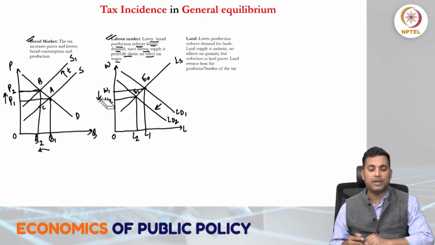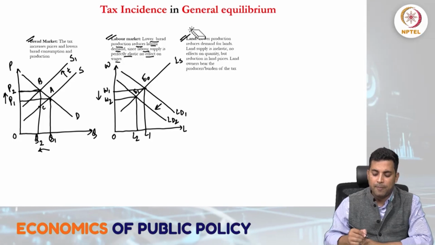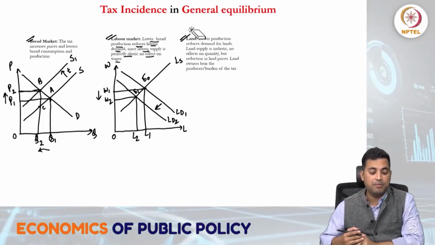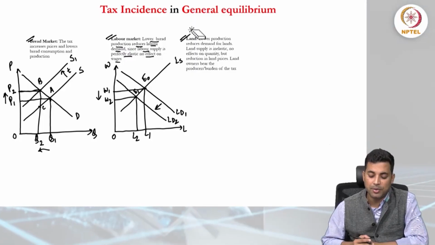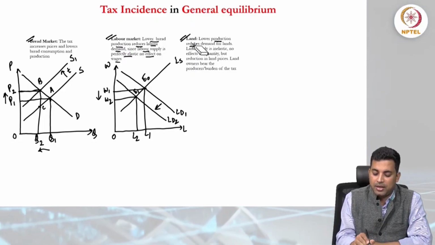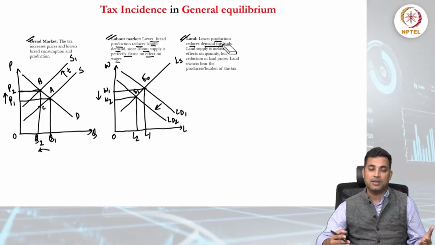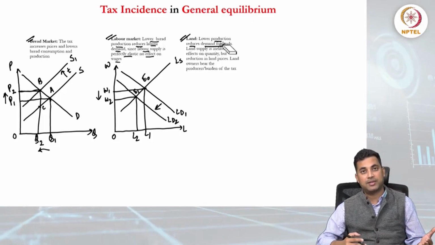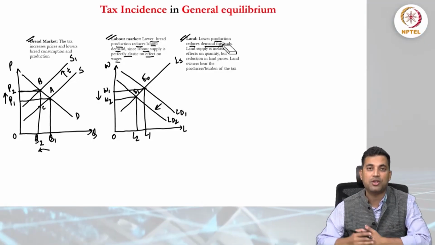So now let's see what happens in the other market, where we are talking about land, where this bread factory is, say, planted. Lower production of bread reduces the demand for land as well, because there is no expansion of the scale of the bread factory, and therefore we don't require much more land.